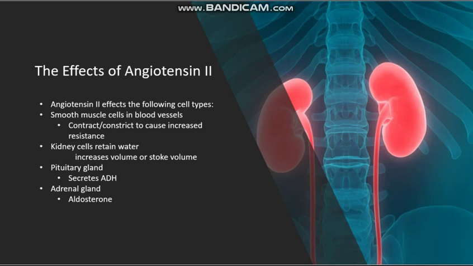Angiotensin II also acts on the adrenal gland, causing it to secrete aldosterone. And aldosterone is a hormone that acts on the kidneys and makes those cells again retain water, increasing the volume and stroke volume. So angiotensin is either causing a direct increase in blood pressure, or causing the release of hormones that eventually cause a rise in blood pressure.